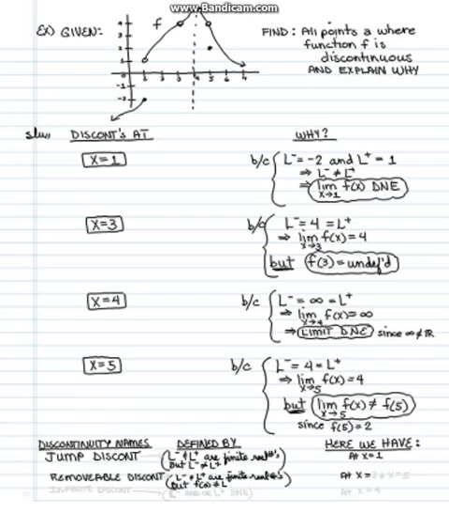And that occurred in this graph at x equals 3 and x equals 5. And the last type of discontinuity is called an infinite discontinuity, and it is defined by the left limit and/or the right limit not existing. So when either the left or the right limit does not exist, or both of them, that indicates that you have an infinite discontinuity, and in this graph that occurred when x was equal to 4.